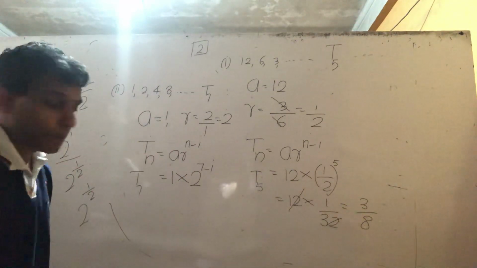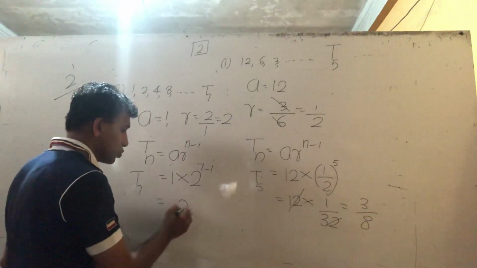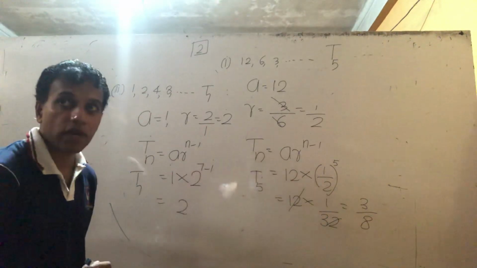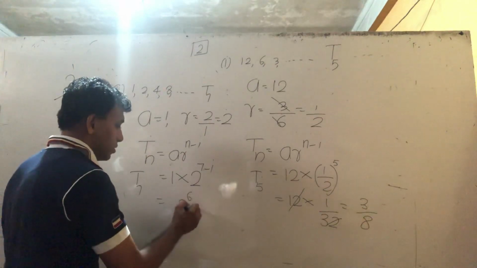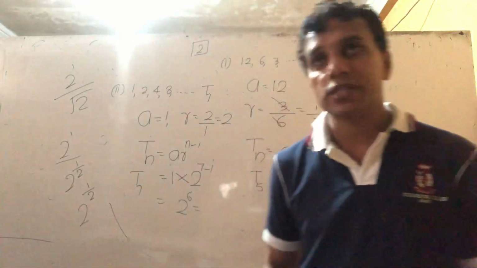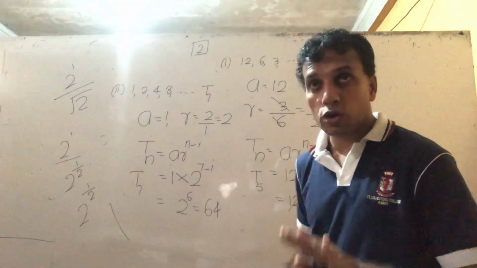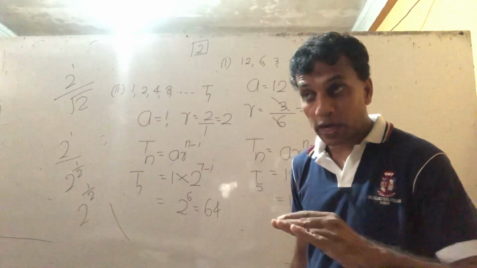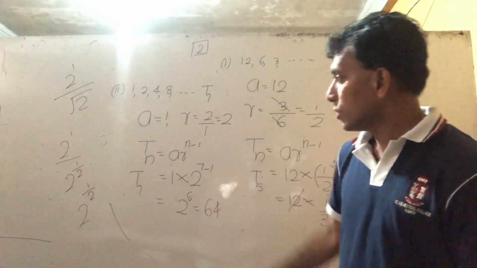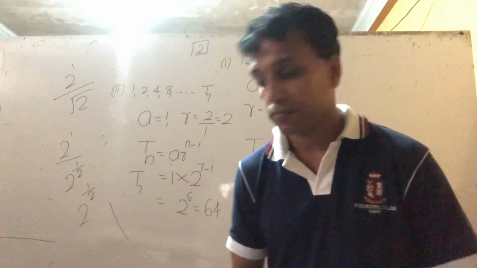Now simplify. 1 times anything is 1, so 1 times 2 to the power 7 minus 1, which is 6. What is the answer? 2 multiplied 6 times is 64. Don't say 12; it's not 2 multiplied by 6, it is 2 multiplied 6 times. So the seventh term is 64.